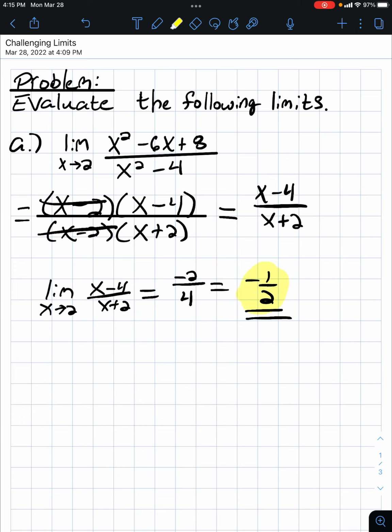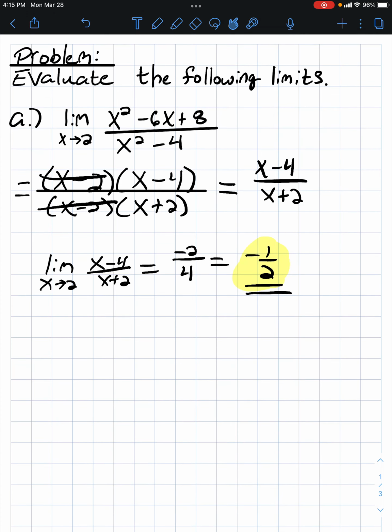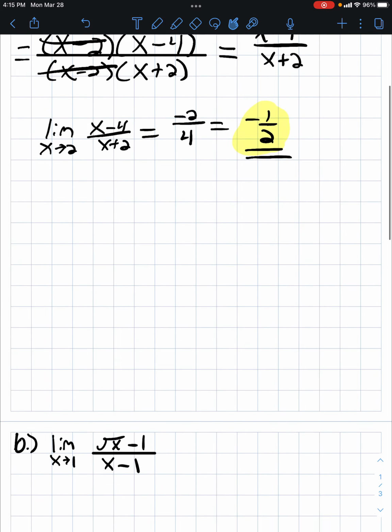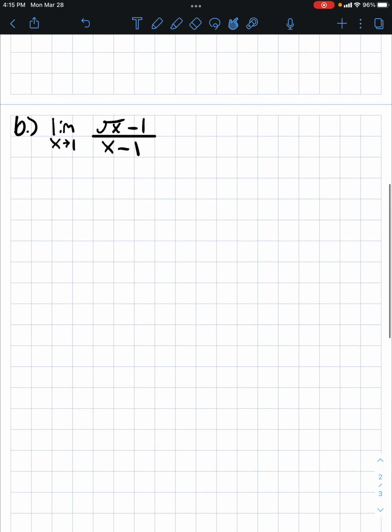So that is going to be a solution for part A. So the limit of x squared minus 6x plus 8 divided by x squared minus 4 as x approaches 2 is equal to the limit of x minus 4 divided by x plus 2 as x approaches 2, which is equal to negative 1 half. And that is the solution for part A.